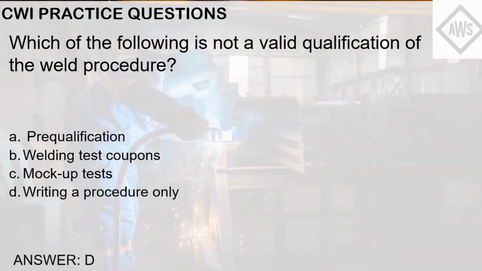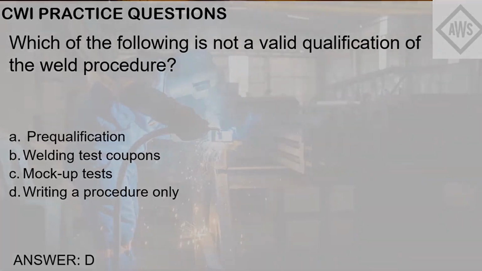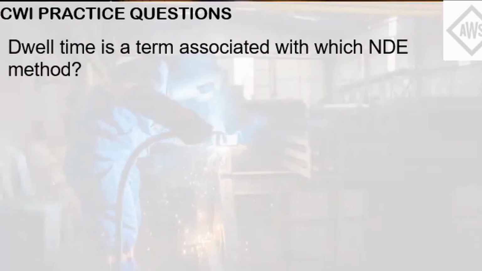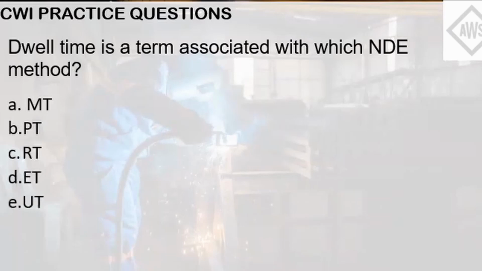You'll need the three choices above, pre-qualification, welding test coupons, or mock-up tests, in order to qualify a weld procedure. Dwell time is a term associated with which NDE method? Letter A, MT, letter B, PT, letter C, RT, letter D, ET, letter E, UT.